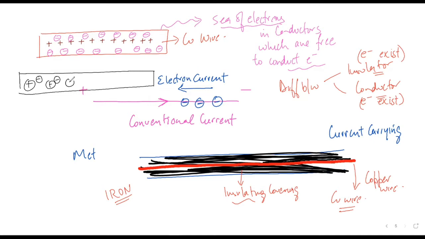But Mr. Sibang, what do you think is the difference? In an insulator, Satya, can you guess what will be the difference between an insulator and a conductor? So the sea of electrons would be less.